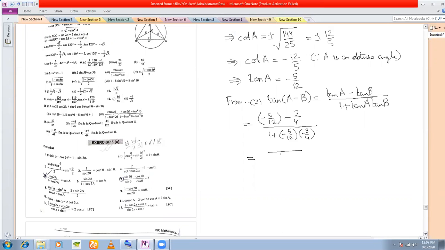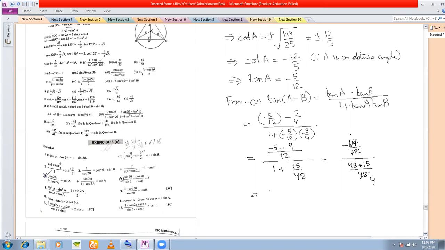So you take the LCM 12 and you get (minus 5 minus 9) divided by (1 plus 15 by 48). So you get minus 14 by 12 divided by (48 plus 15) by 48. This cancels 12 and 4, and this 14 remains as it is.